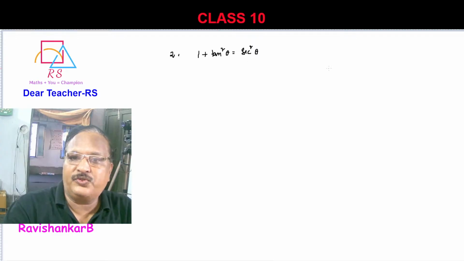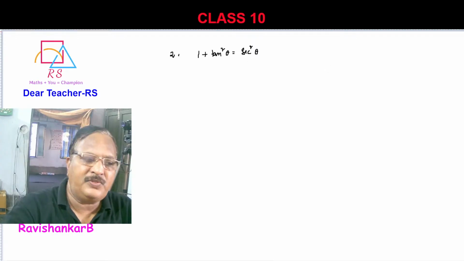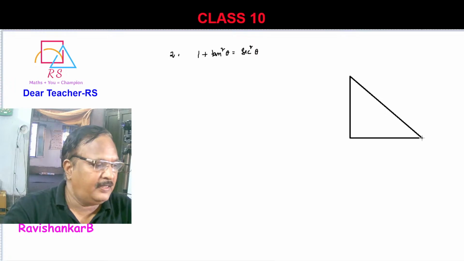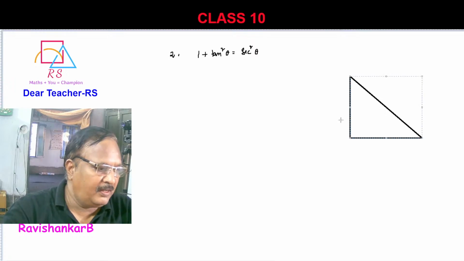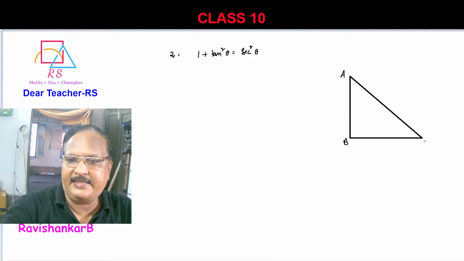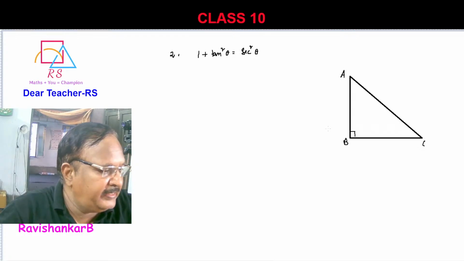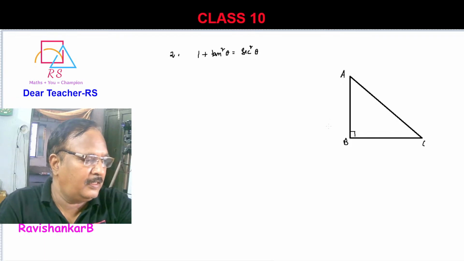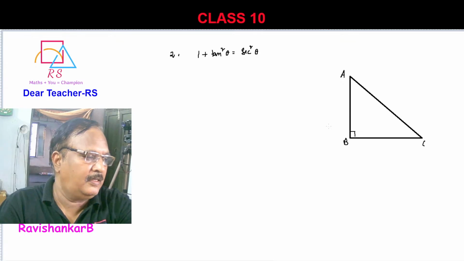For this also the same type of proof is to be applied. Take a right angle triangle and name it A, B and C, where B is the right angle.